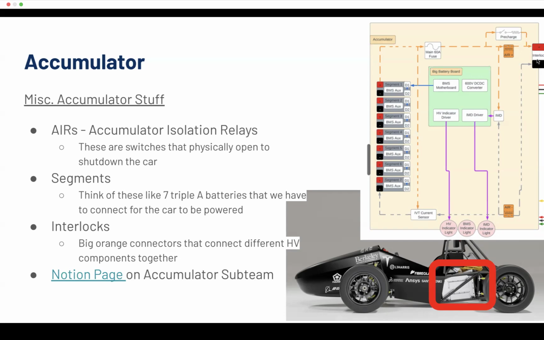But the interlocks are big orange connectors that they have like this black switch. You can look them up in the Notion page, and I can send some photos in Slack after. But it's a big orange connector with this big black lever. And what it does is it actually has 4 terminals in it. 2 of them are for HV plus, HV minus, and then the other 2 are much smaller. They're on the top.